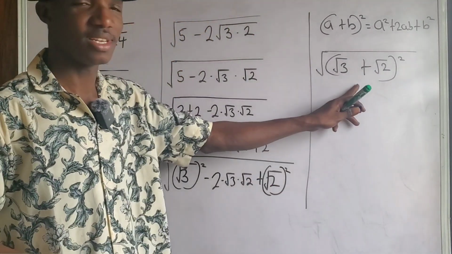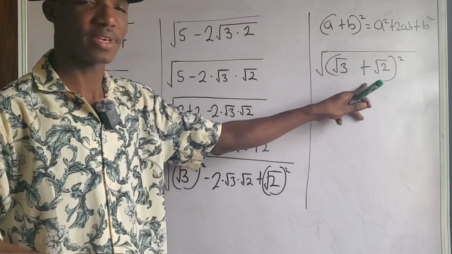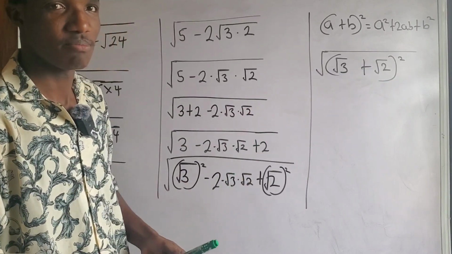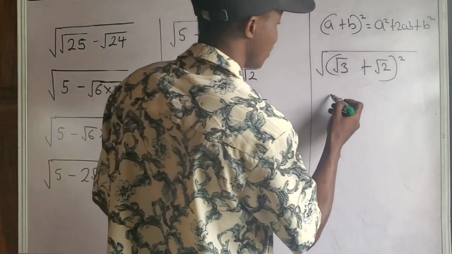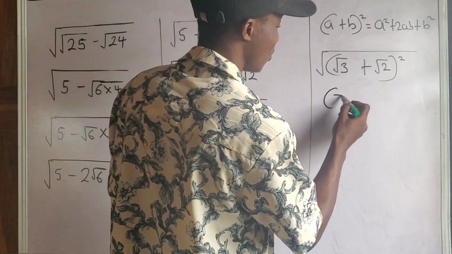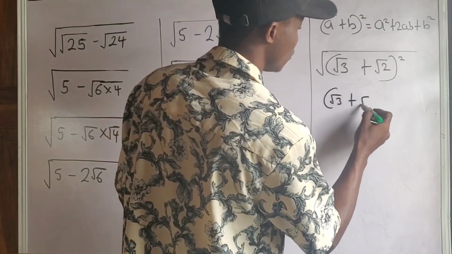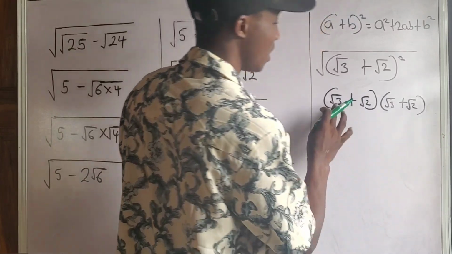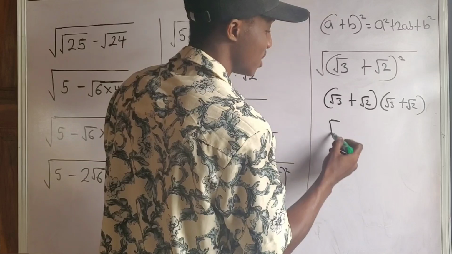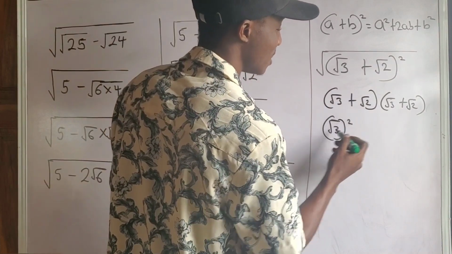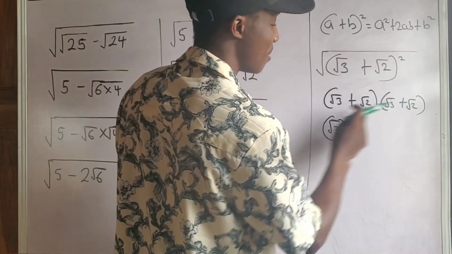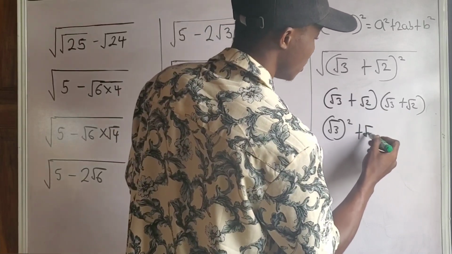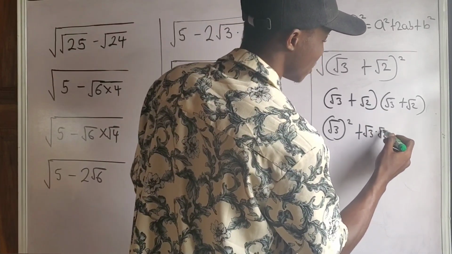If you expand this, listen to me carefully. If you expand what you have in this bracket or in this parenthesis, you are going to have what you have here. Maybe we should try that. Root 3 plus root 2 multiplied by root 3 plus root 2. So root 3 times root 3, that is what? Root 3 squared, right? Root 3 times plus root 2, that is plus root 3 dot root 2, right?